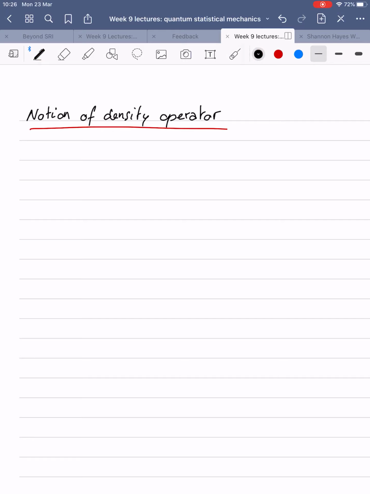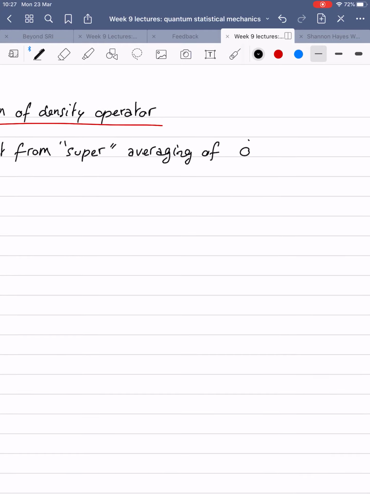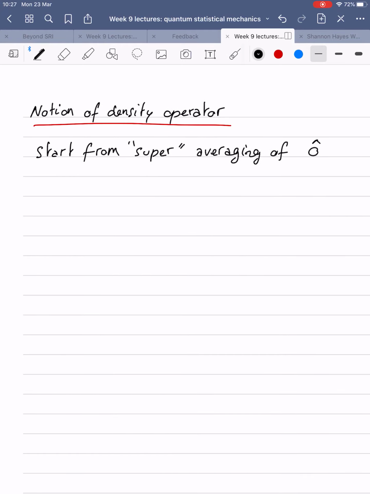Alright, so we start from the basic formula, superaveraging of some arbitrary observable O, okay? And then we have the following: the average of O is equal to the sum over i of p_i and then <psi_i|O|psi_i>.